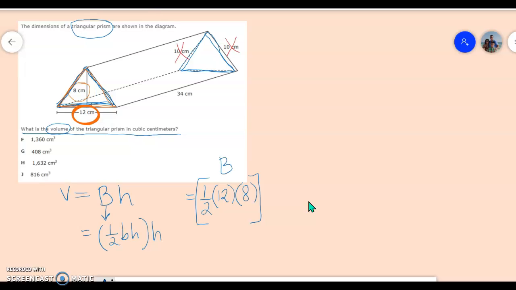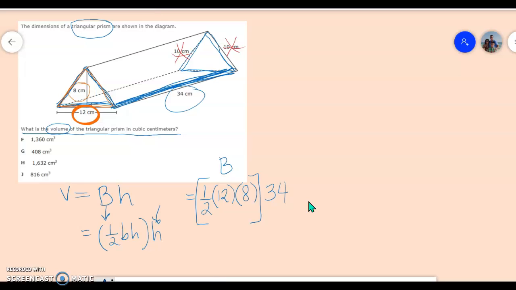Then I have to find the height of the prism, which is going to be this H. The height of the prism will always be the distance between the bases. So from triangle to triangle, it's 34. So then I have to multiply this by 34. Again, please remember, we're not using these 10s up here because they are slant heights, and we need perpendicular bases and heights.